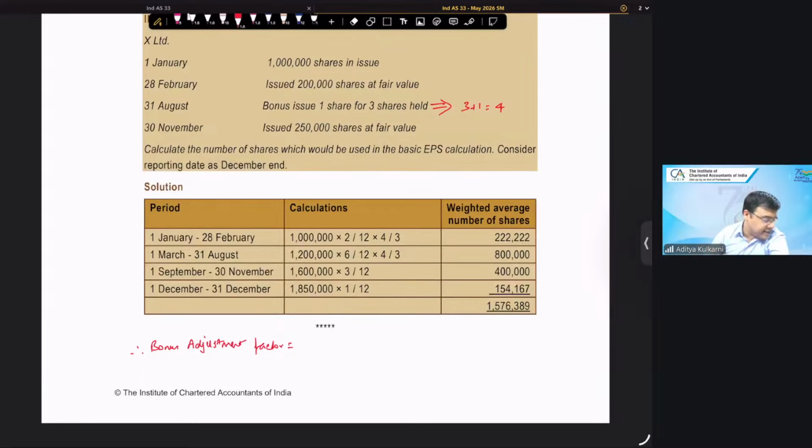What is the bonus adjustment factor? Pre-bonus plus post-bonus divided by pre-bonus, all in number of shares. So pre-bonus is 3, plus 1.